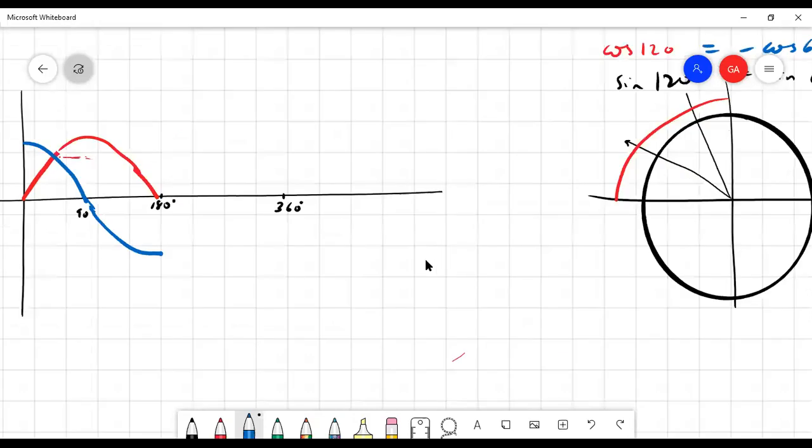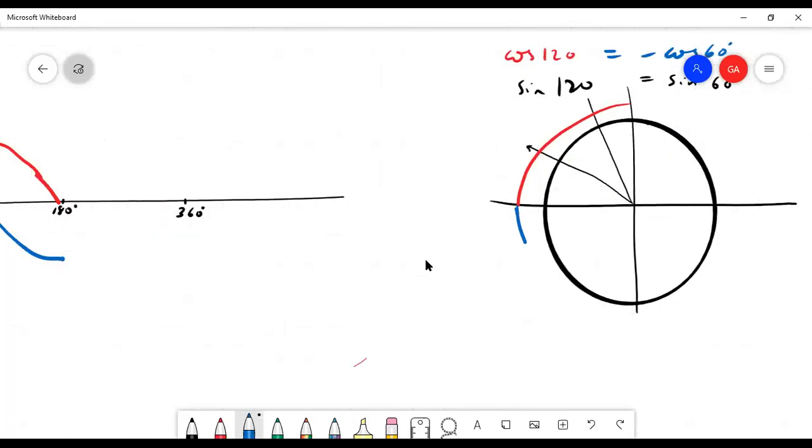But then in this quadrant, right, as we ventured further, here we found that sine, like say sine of 300 degrees, is negative sine 30 degrees.